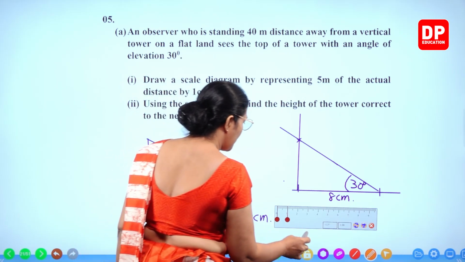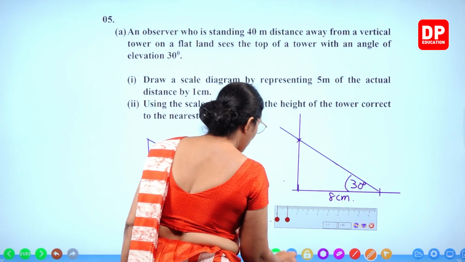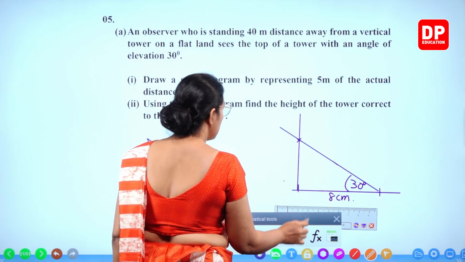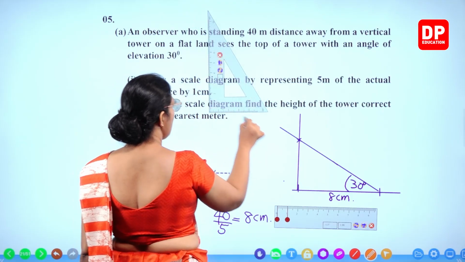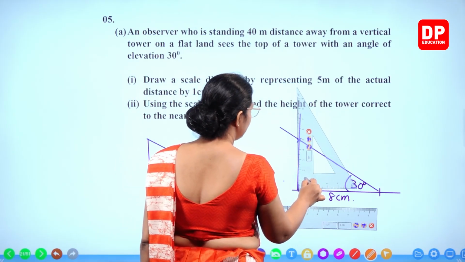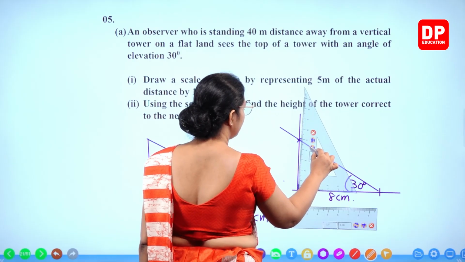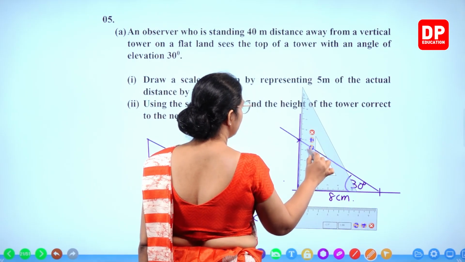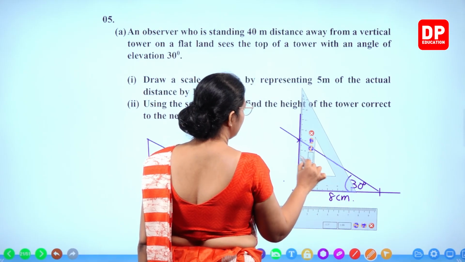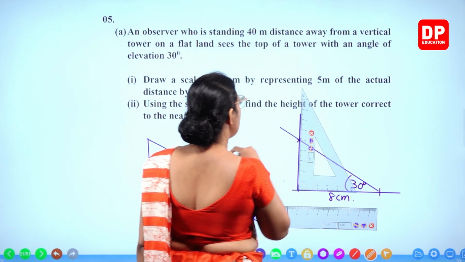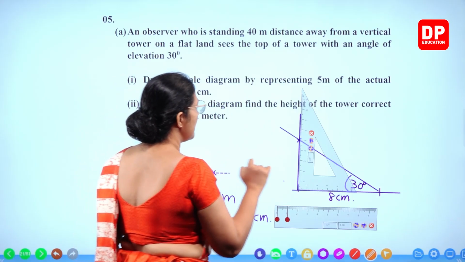So let's measure this one, or you can take the set square and measure. Measure the height. It's 5 centimeters I get.